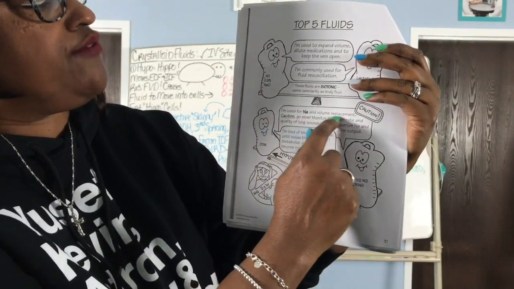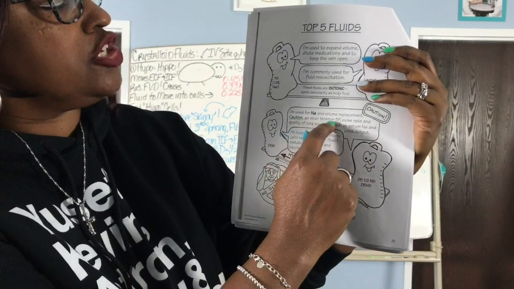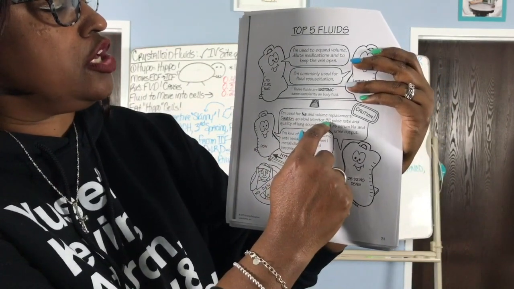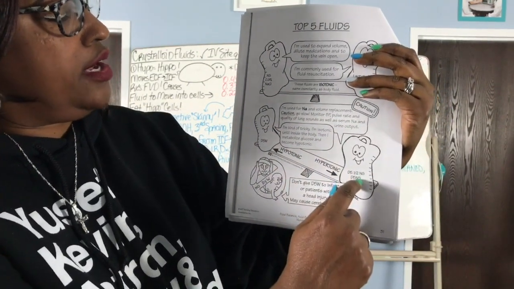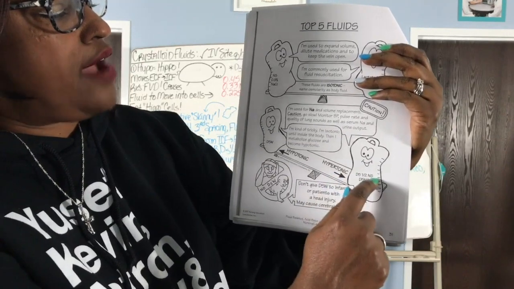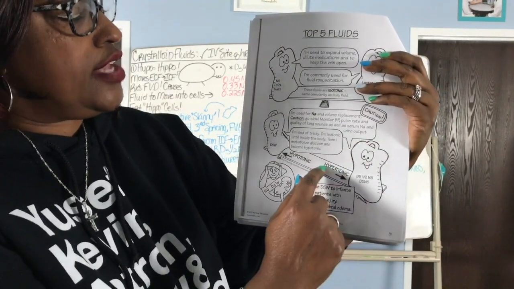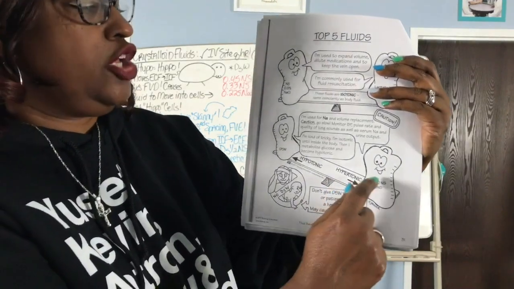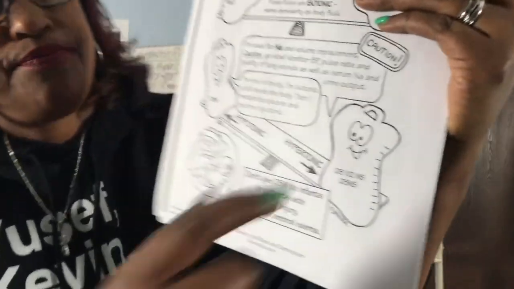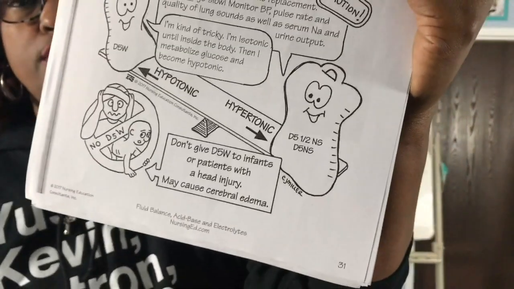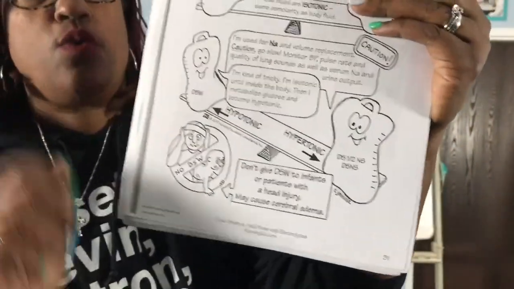I'm used for sodium and volume replacement. Caution, go slow, monitor that blood pressure. And then you go down here, and this is D5 half normal saline, D5 normal saline. This is hypertonic. You know what you better write in that little section? 3% sodium chloride, huge.